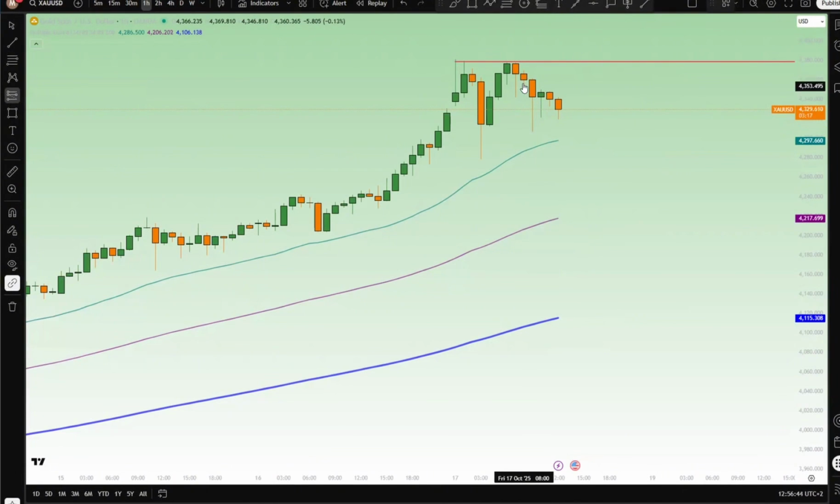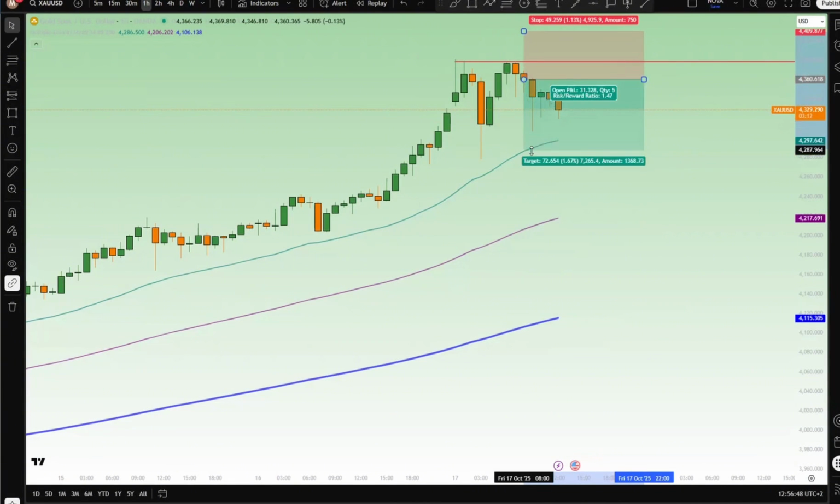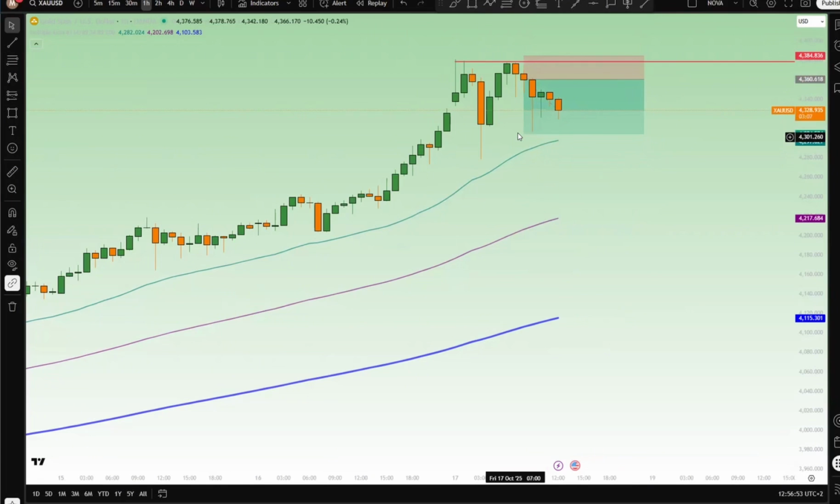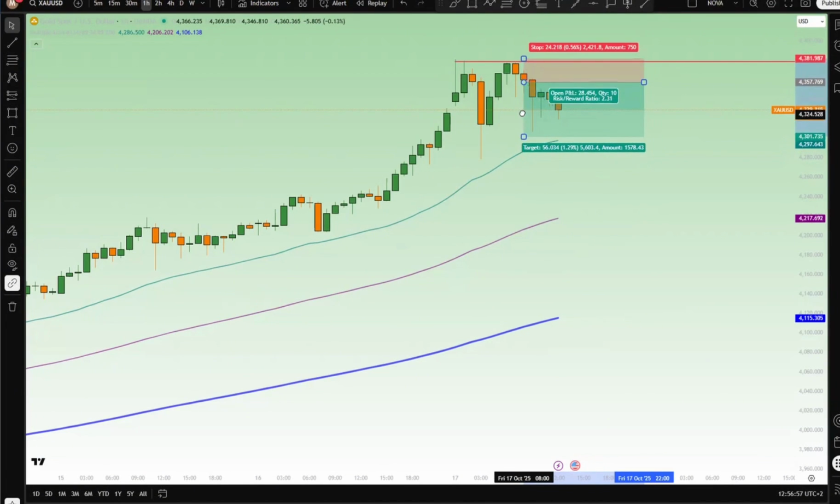Short position. For the short position, the entry zone will be the closing price of the third candle.